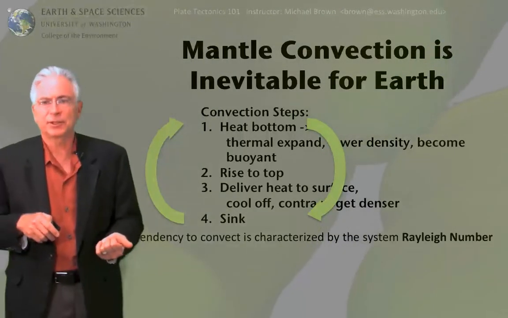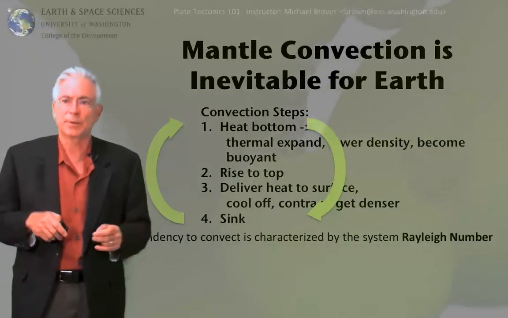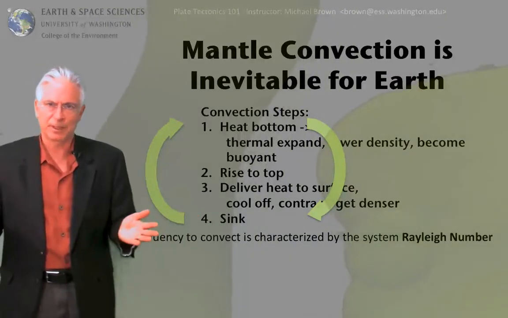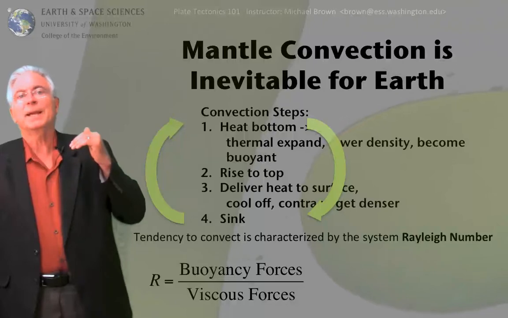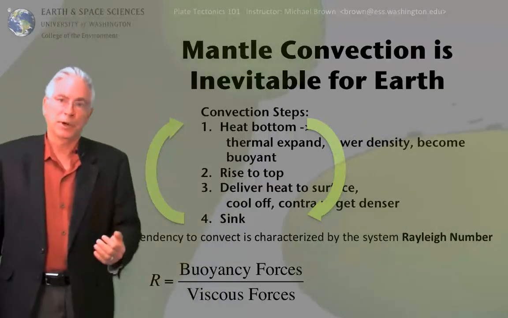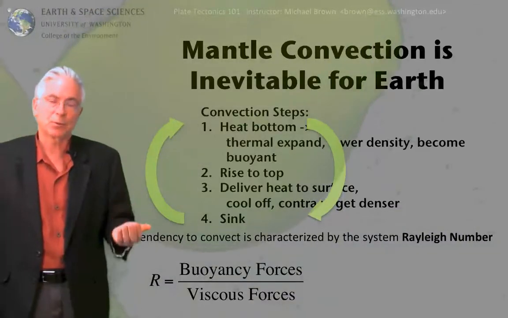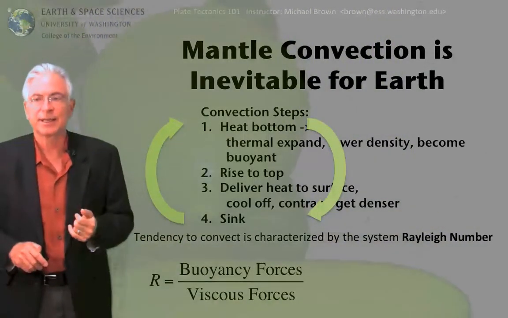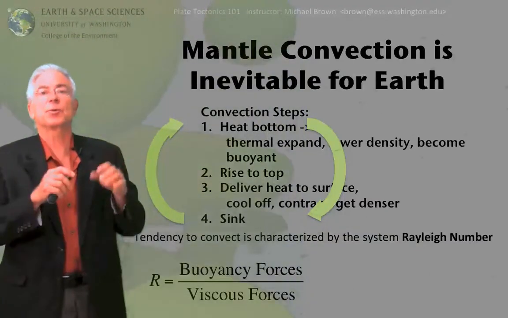The tendency to convect in any system is characterized by a number called the Rayleigh number. What's the Rayleigh number? It's a big word, but it's a simple idea. If you make a ratio of buoyancy forces to viscous forces, buoyancy forces wanting to cause the material to rise or to sink, the viscous forces impeding the tendency to rise or sink.